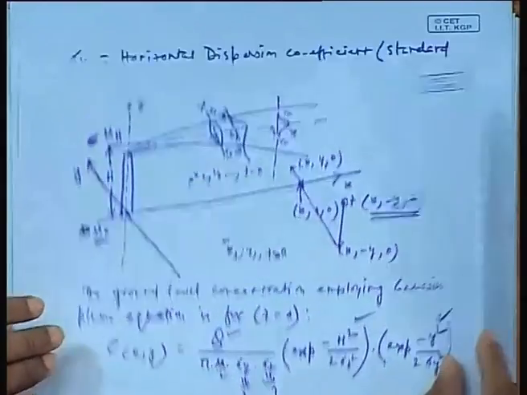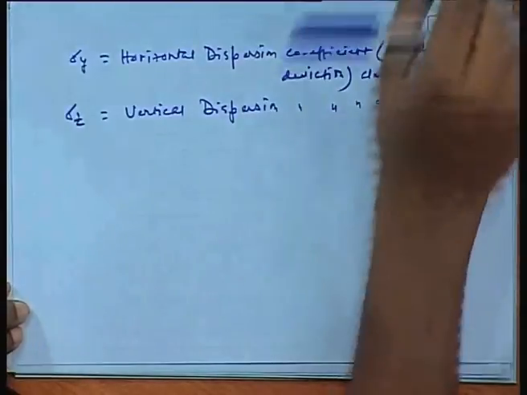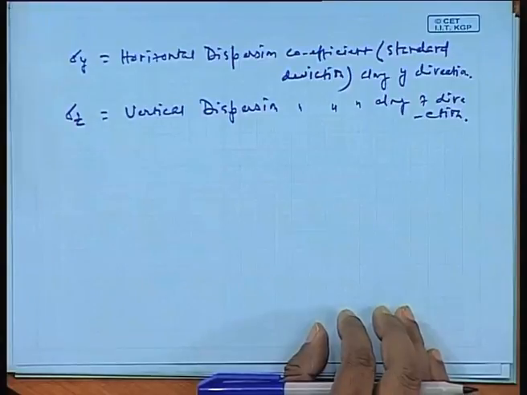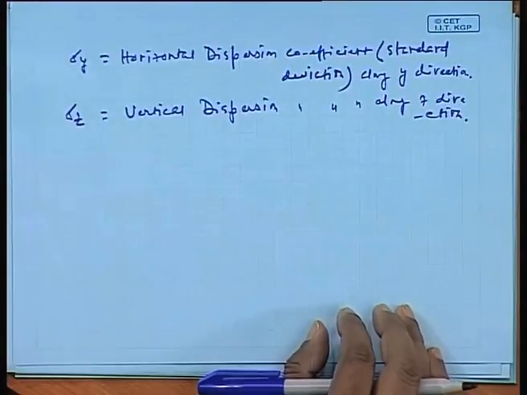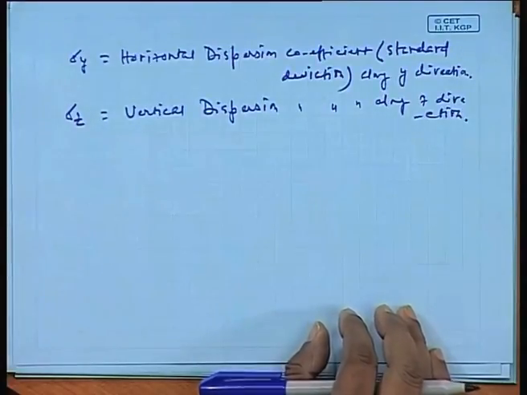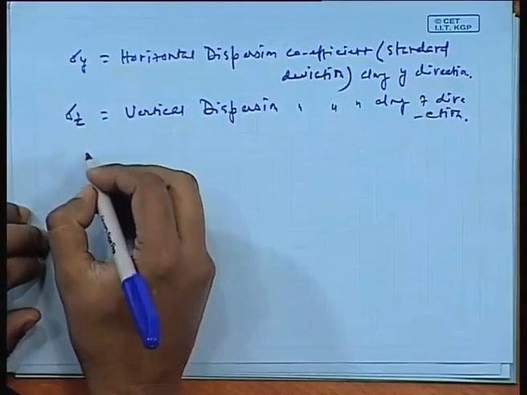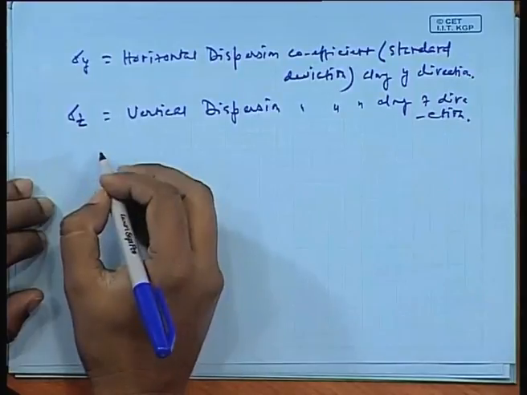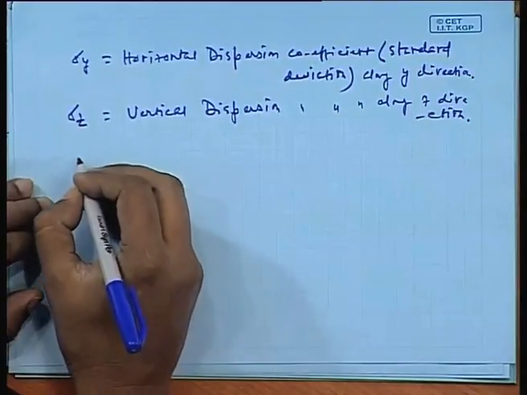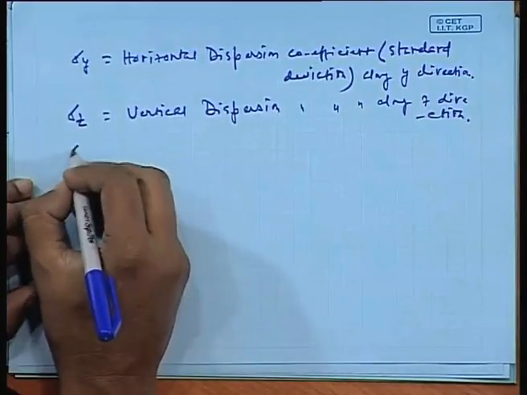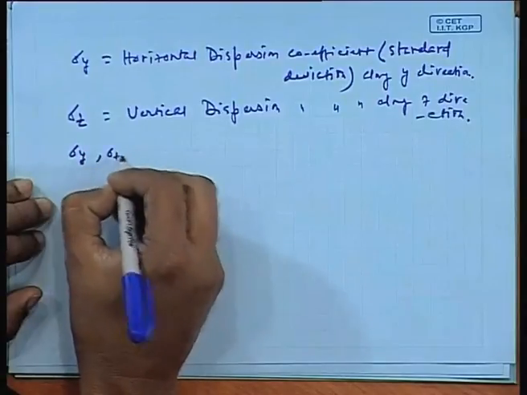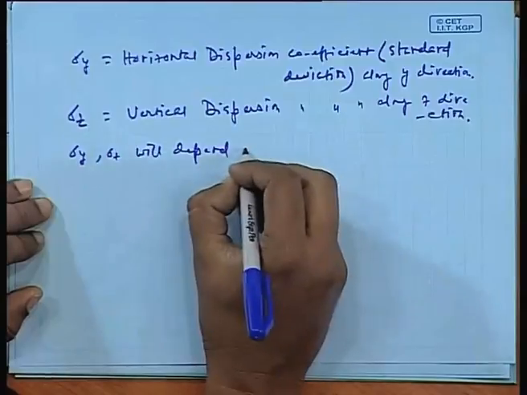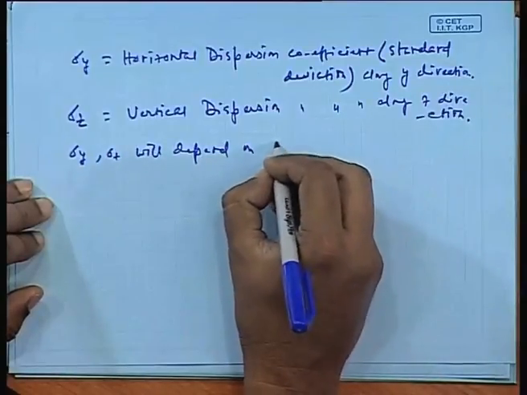How can we find them? There are standard tables we mostly use, but let me explain this. Sigma y and sigma z will depend on atmospheric stability.